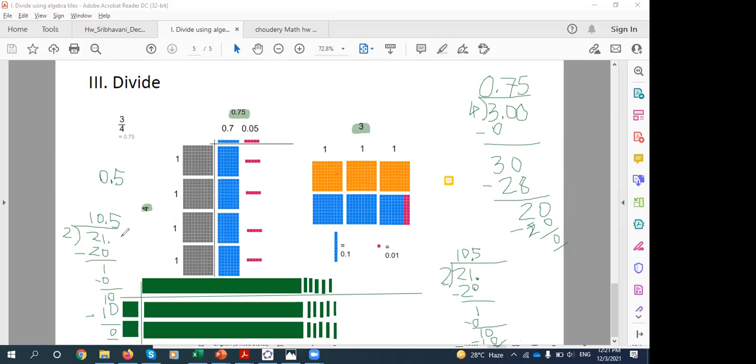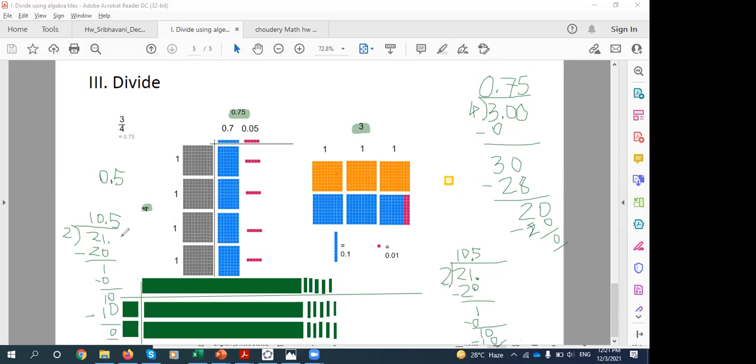Make sure the quotient is not more than 2 decimal places. Once children get a little bit of a hang of that, then you can bring in something like 21 divided by 2 or 4.